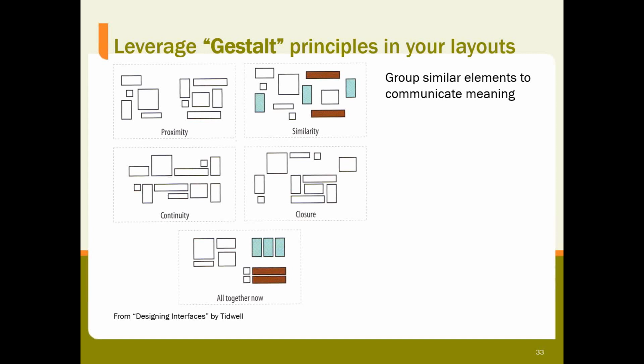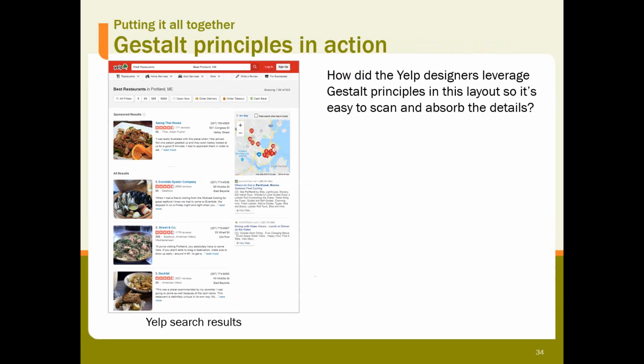In this case, it's by proximity. You would know looking here that these groupings are related somehow. You would know here because there's similarity, brown versus this aqua color. And then there's continuity and closure. These are just basic Gestalt principles. Designers use them heavily in any kind of form design.